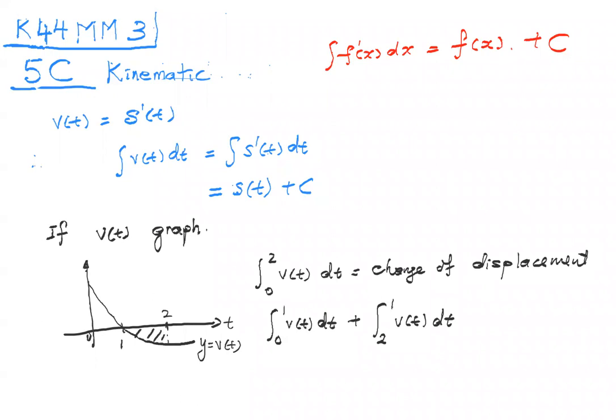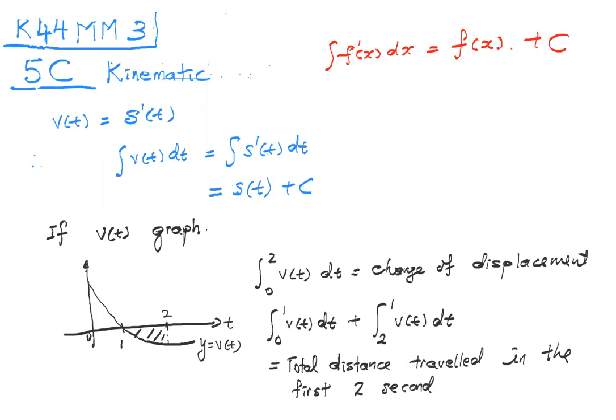So this is called total distance traveled in the first 2 seconds. Are you clear? So you have to know what is the difference between them.